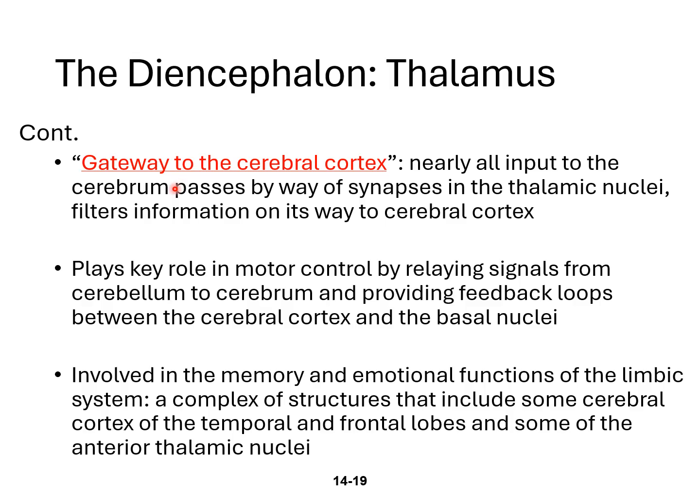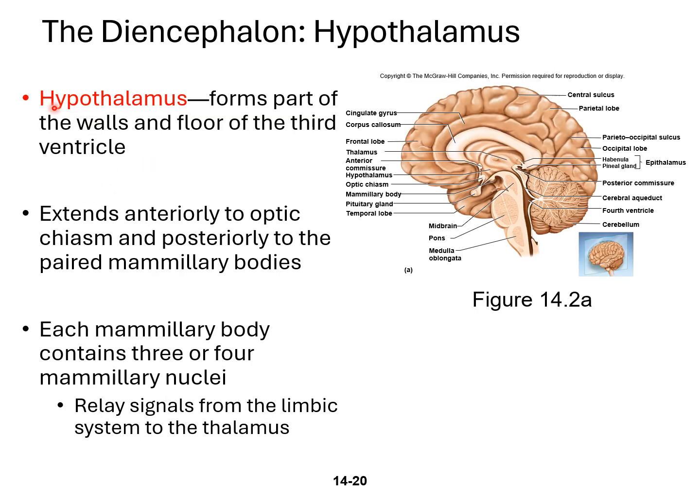So they found things in the thalamus that they're able to take advantage of. So it's involved in memory, emotional function, the limbic system we're going to talk about because that's going to be the emotional response.